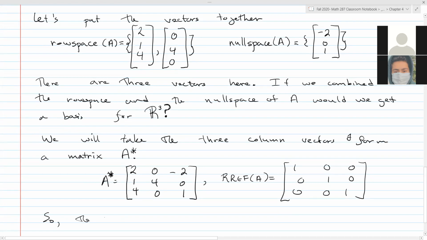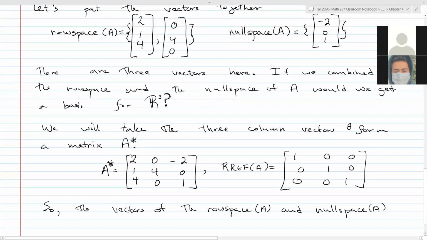So the vectors of the row space of A and null space of A form a basis for R3.